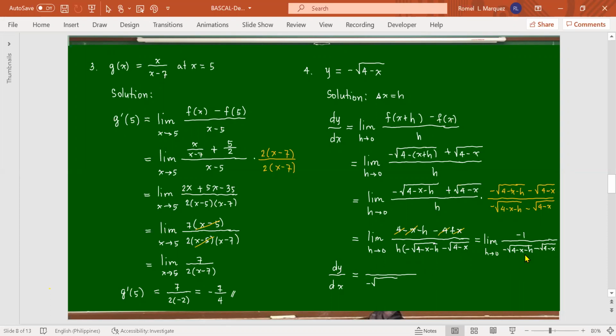The one that is approaching 0 is h, no? 4 minus x minus 0, then minus the square root of 4 minus x, in the numerator, negative 1. What's now the value, guys? Positive na, no? 1 over 2 square root of, di ba? They are identical, 4 minus x. Okay, guys? And that's the derivative.